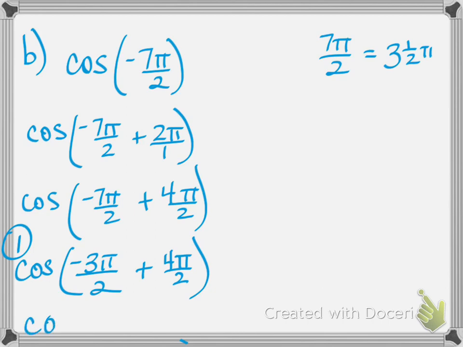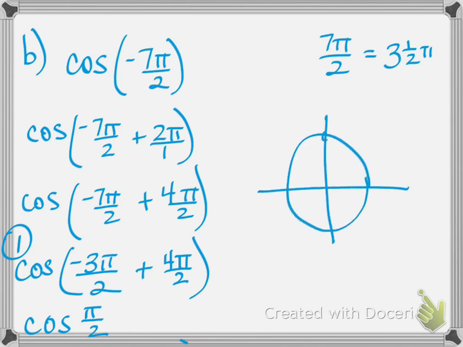And when I do that, I get the cosine of positive pi over 2, which is on our unit circle. It's one of our quadrant angles. It's right here. And its ordered pair is 0, 1. And every ordered pair is cosine, sine. So the cosine of pi over 2 is 0. It's one way.